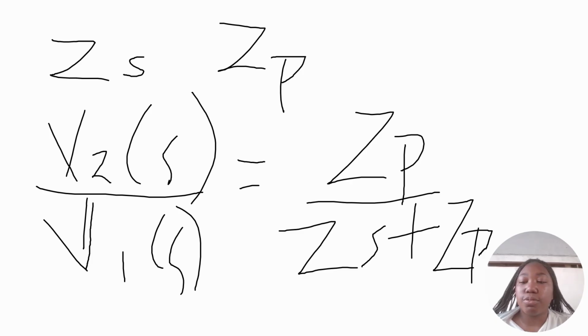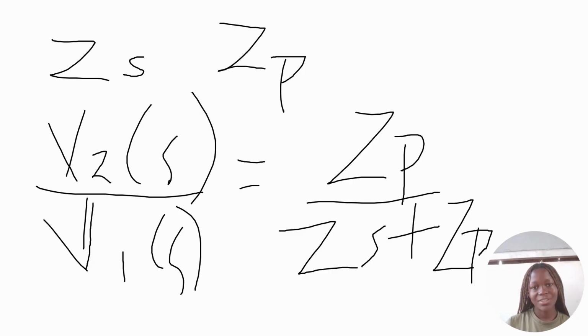This means that the output voltage depends on the total impedance contributed by the parallel section. So if the parallel section is large compared to the series part, more voltage appears at the output, and if it's small, less voltage appears at the output.